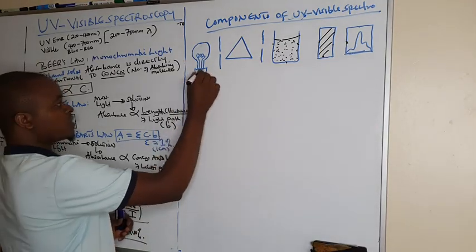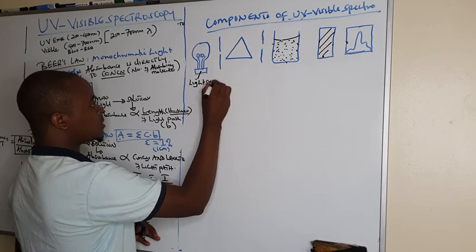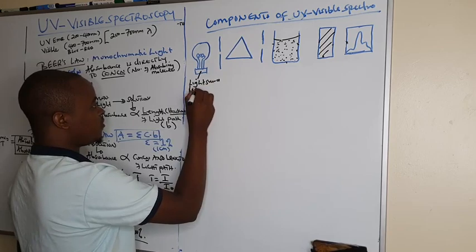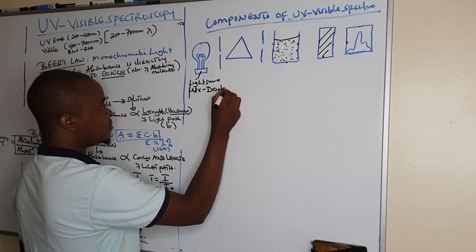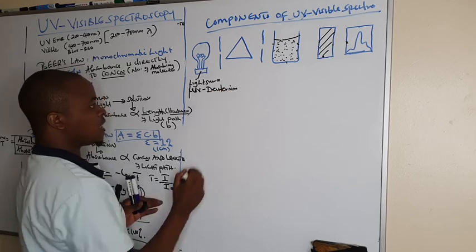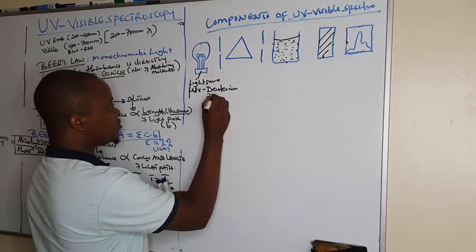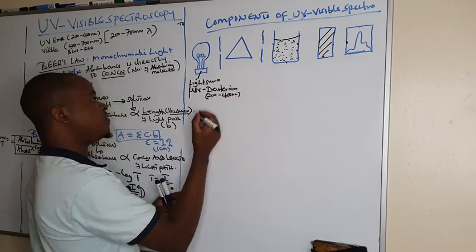The first thing is the light source. For UV, light is produced by deuterium, which is an isotope of hydrogen, and this deuterium produces light between 200 to 400 nanometer wavelength, or sometimes 350.